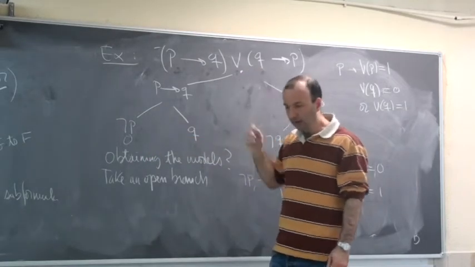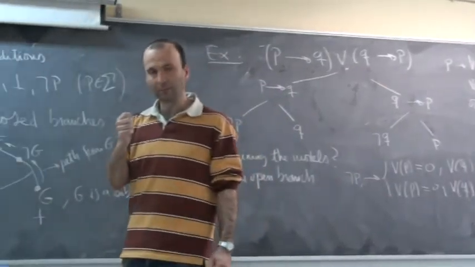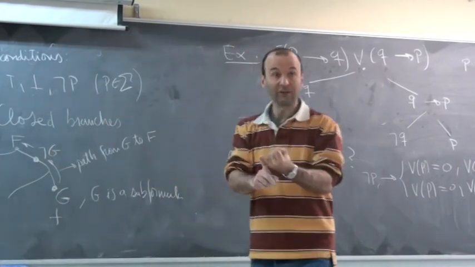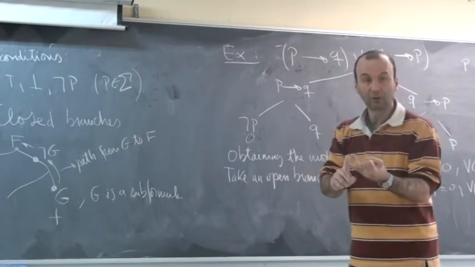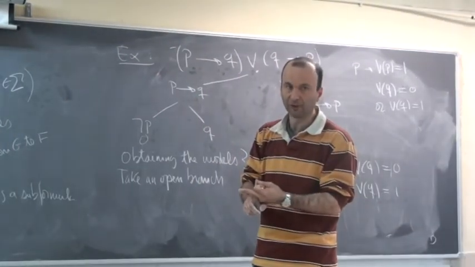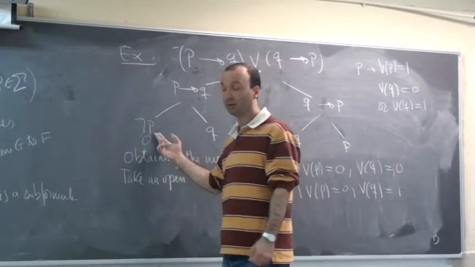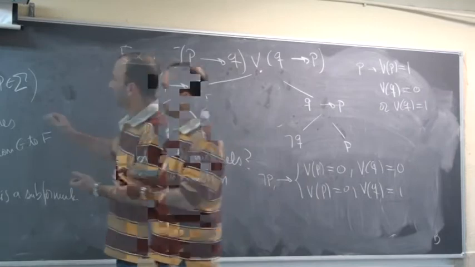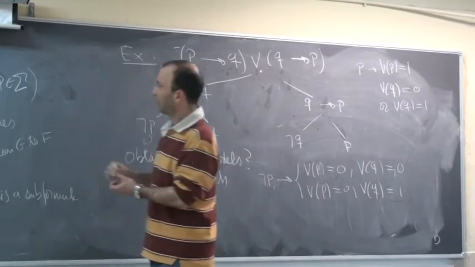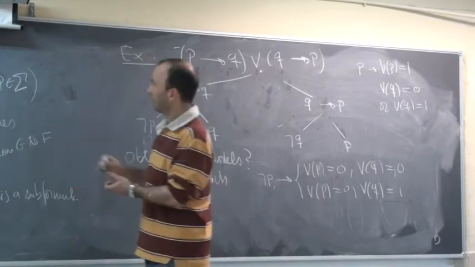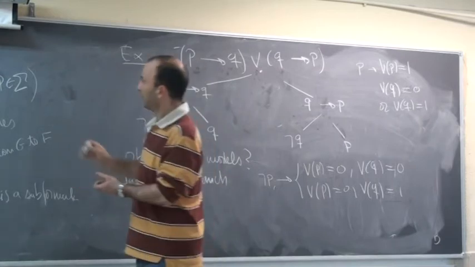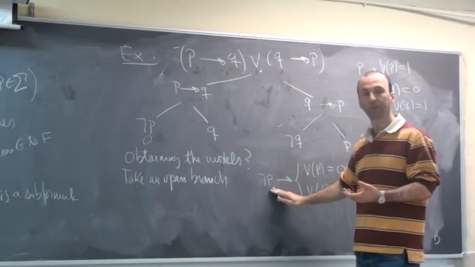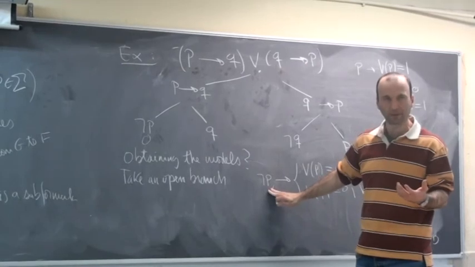And I take notice of all simplifiable formulae, right? Which were propositional variables, logical constants, and negation of propositional variable. Right? So here I see not P. Right? So not P, I go from here not P, this is not a simplifiable formula, and this is not. So the only thing I get is not P out of that path.